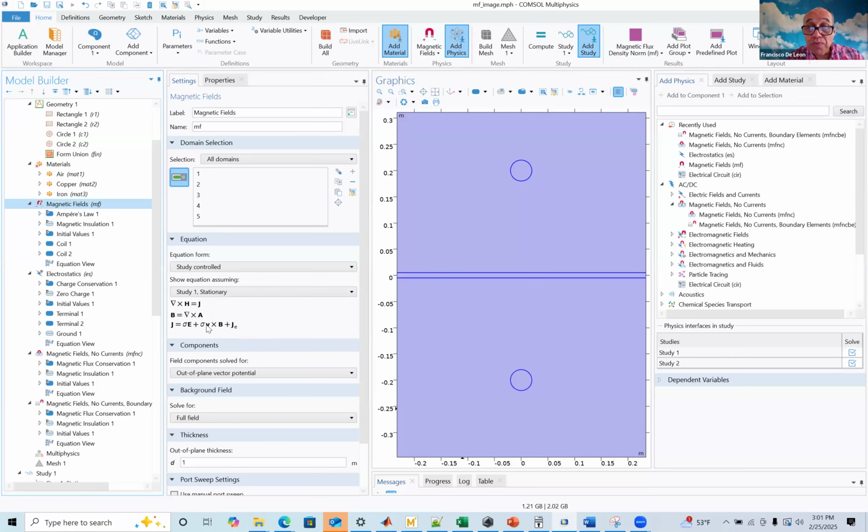And that one comes from the induction. It's the conductivity and the speed, so it's the time derivative, if you wish, of the field. It comes from Faraday's law. I think it's a conductor moving in a magnetic field, right? Correct.